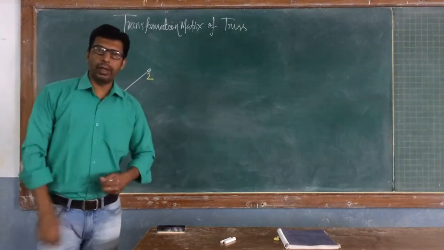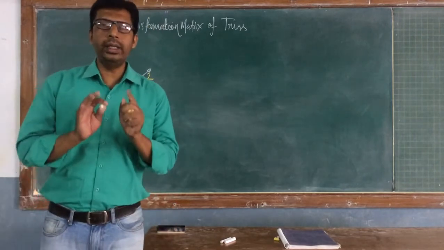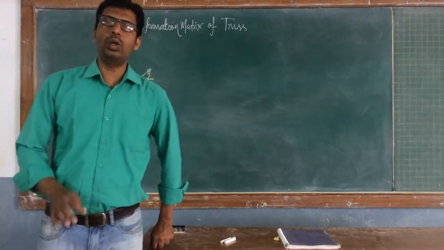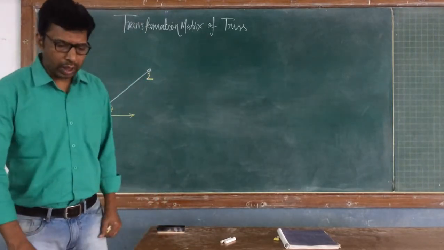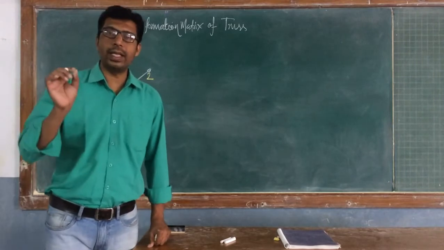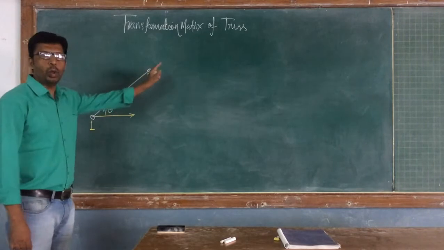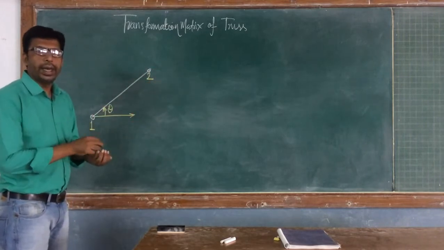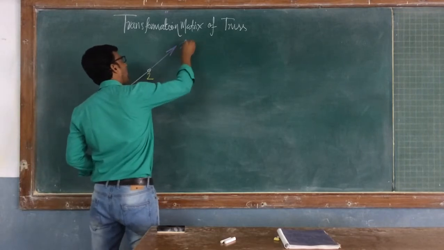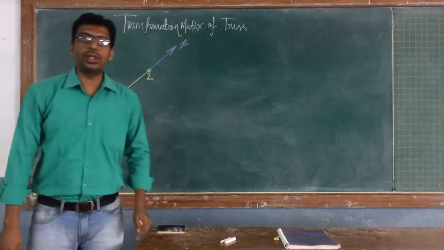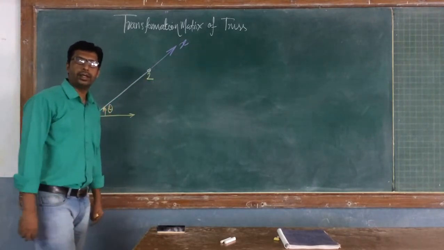Now this bar member, if you want to show it in the local coordinate system, in this bar element the x-axis is always assumed along the bar. If this is node number 1 and this is node number 2, your x-axis in the local coordinate system will be like this, along the member, right?